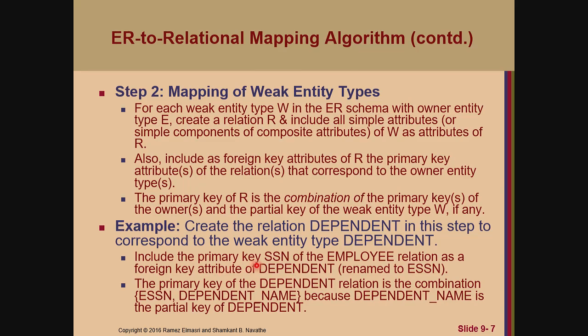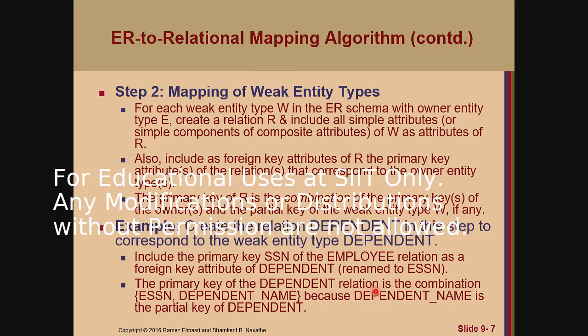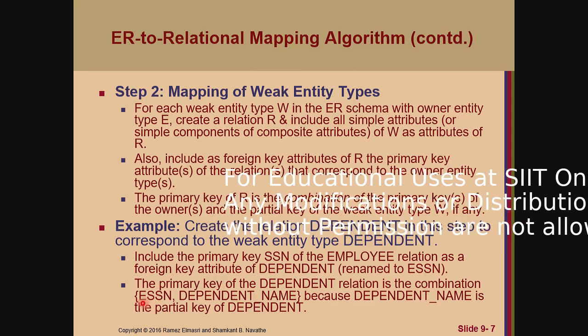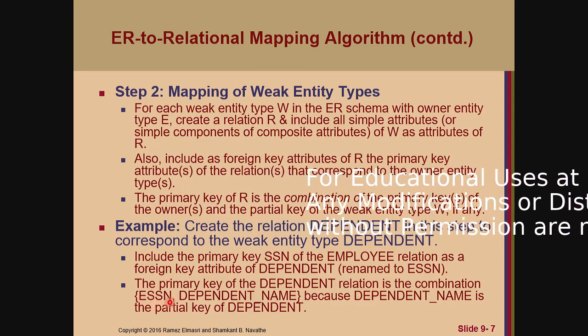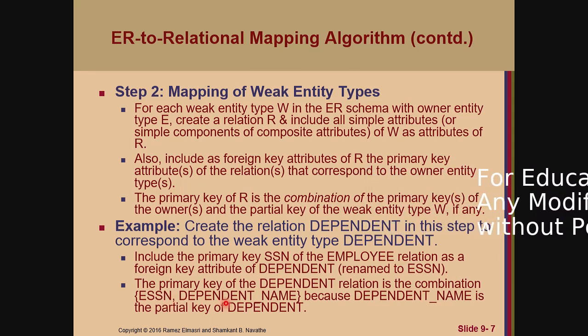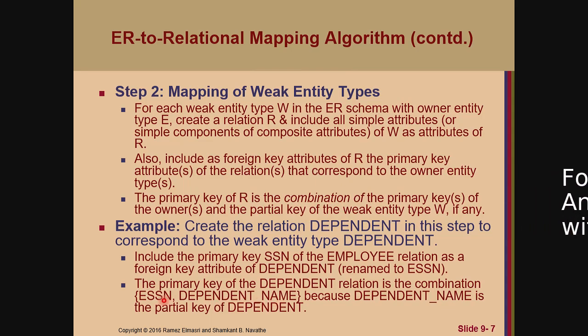Okay, we include the primary key SSN of the employee relation as foreign key attribute of dependent, named ESSN, and the primary key of dependent relation is the combination of the primary key that we borrow from employee, which becomes ESSN, and the partial key of the weak entity, dependent name. We have to use both of them as the primary key of the weak entity, because here the dependent name is the partial key of dependent.